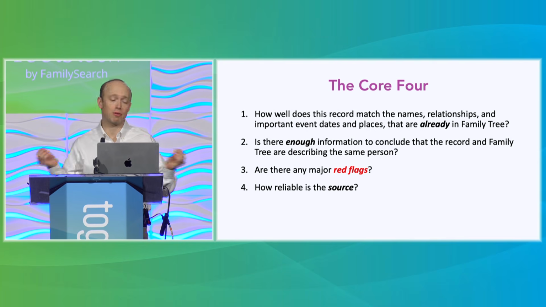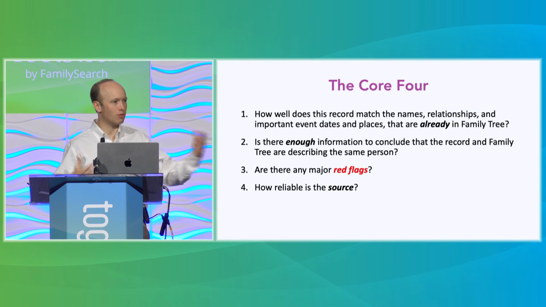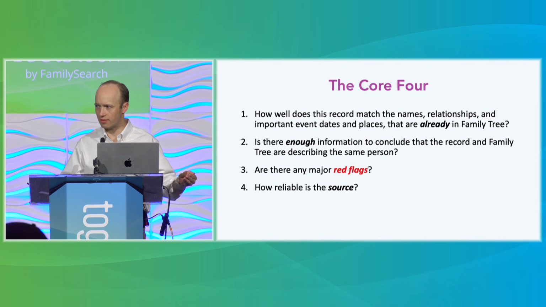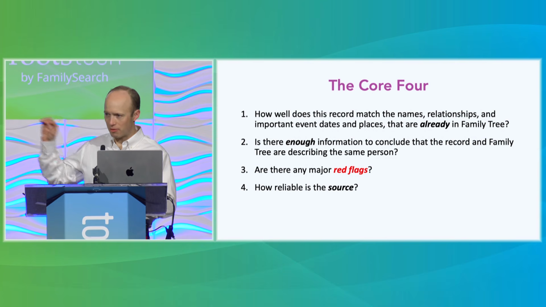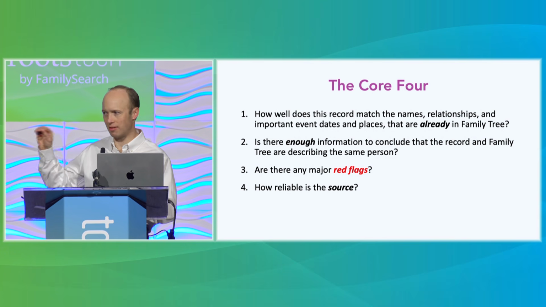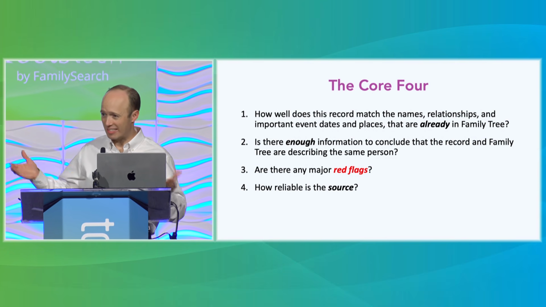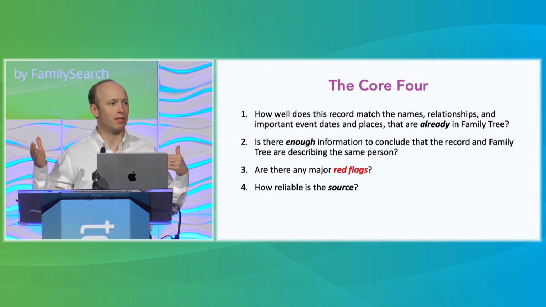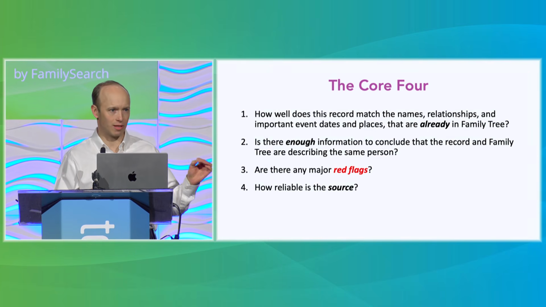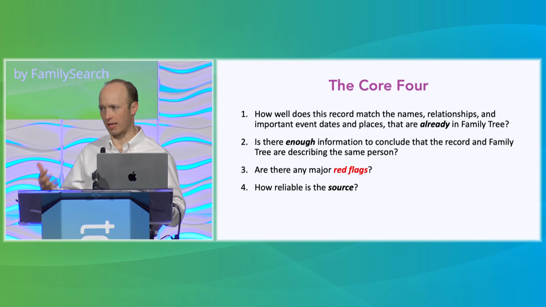Just ask yourself this question: as you're looking at this source and this family in the tree, what are the odds that a family exists in that same time and place that has all of those same people, those same names, in those same relationships? The odds are pretty slim. The more names and the more relationships you have, the better your odds get that you've actually got a unique, true match, right? And so consider the odds.